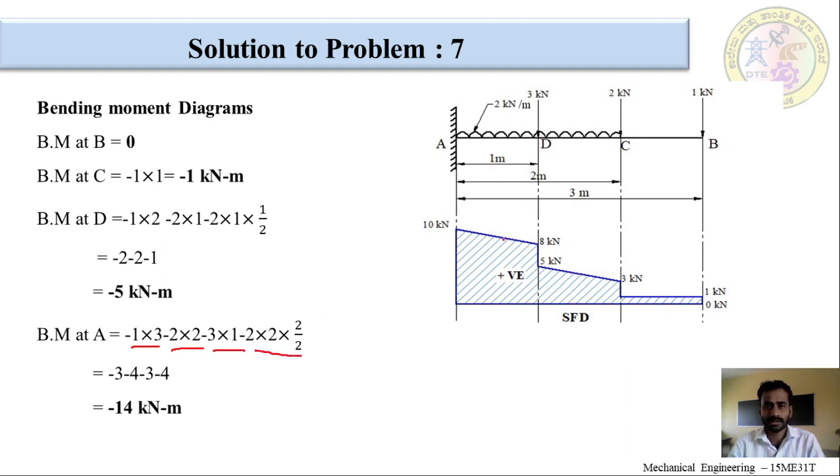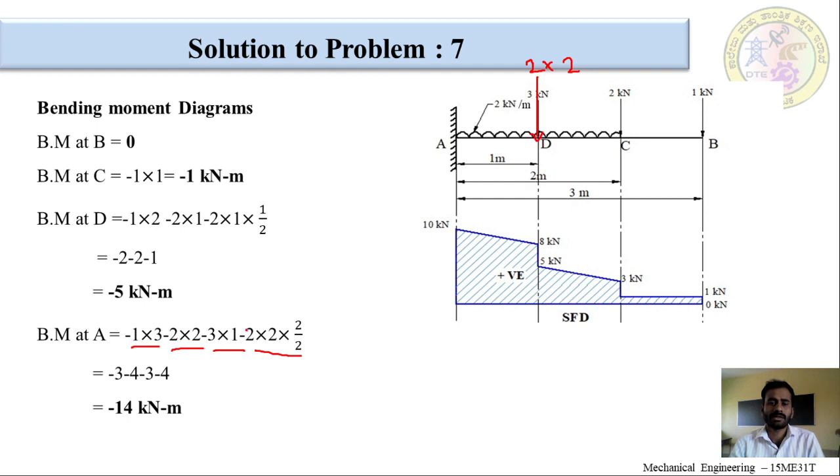Now, we will consider this UDL. We can replace the UDL with a point load at the center of the length of the UDL. So, from 1 meter from A, the equivalent point load is considered, that is 2 into the length of the UDL, which is 2 meters.